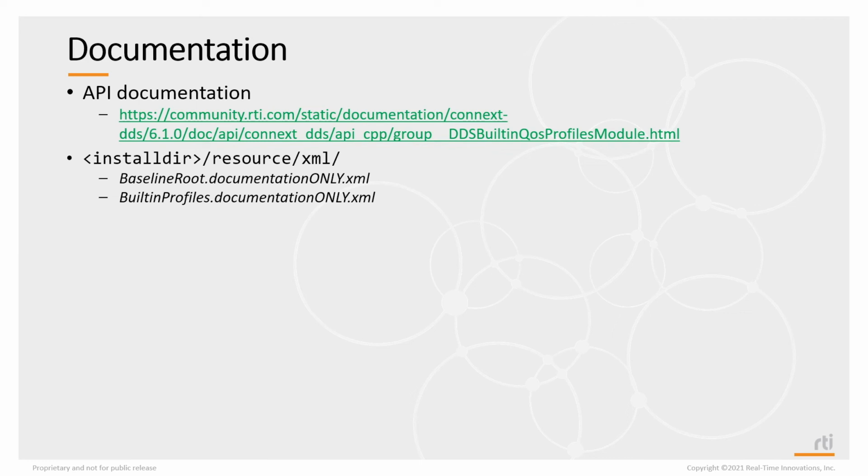So if you're writing your own versions, or modifying your own version of the built-in QoS profiles, and you want to know what RTI did, these XML definitions of the built-in QoS profiles and built-in snippets are available for you to look at.